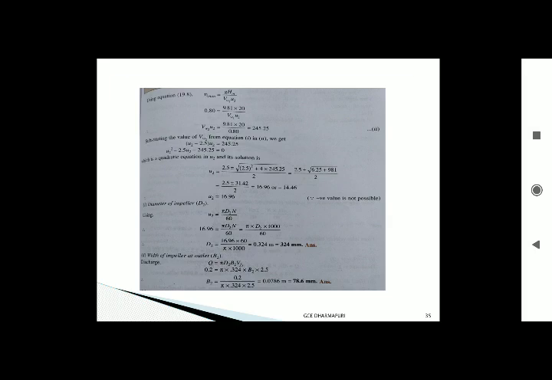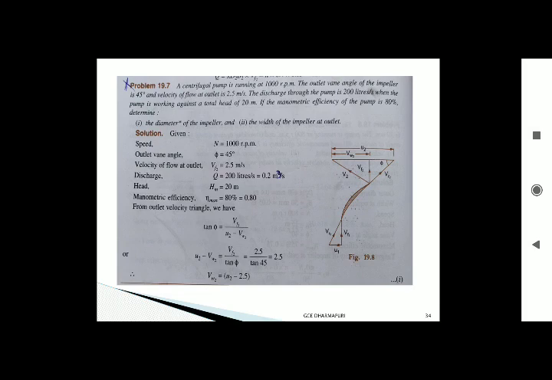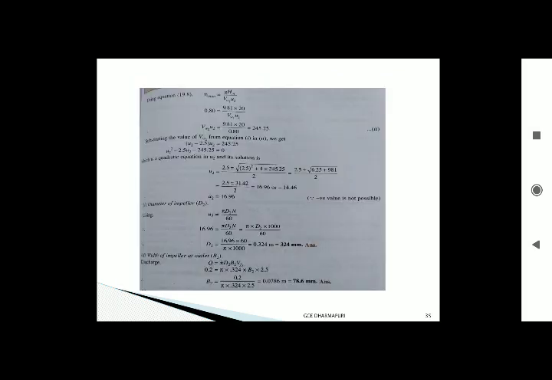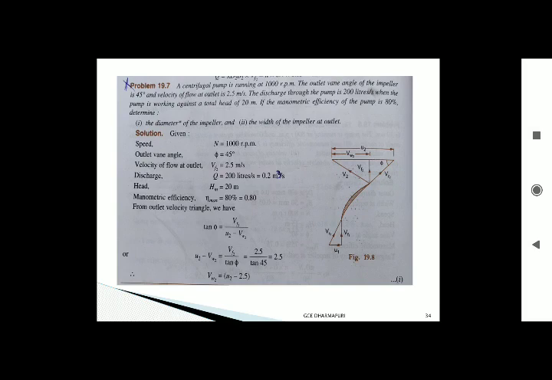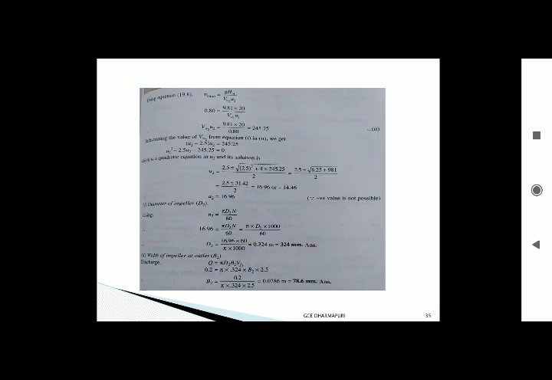I don't know Vw2, so I am substituting Vw2 equal to u2 minus 2.5. Then in this formula I calculate Vw2 u2 is equal to 245.25.